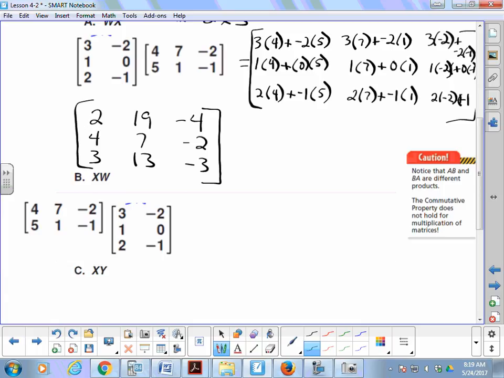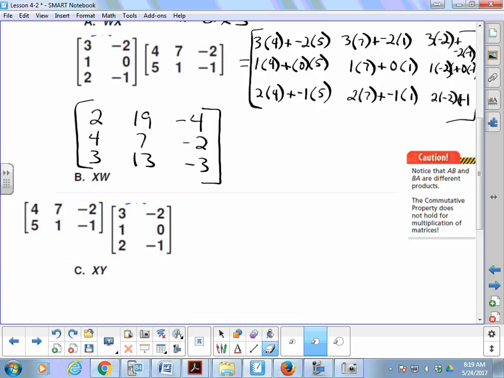So we'll do 4 times 3, 7 times 1, negative 2 times 2, and then add them together. That would be row 1, column 1. Then 4 times negative 2, 7 times 0, negative 2 times negative 1.